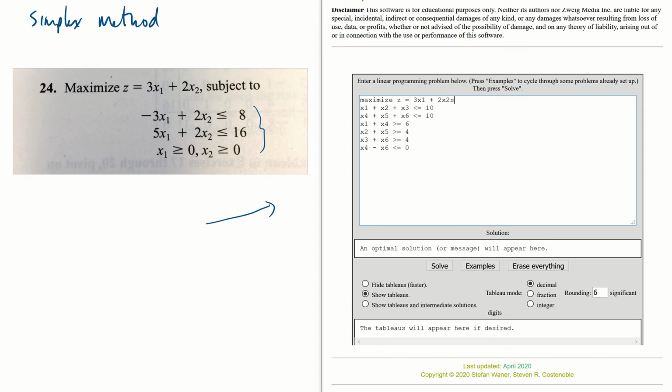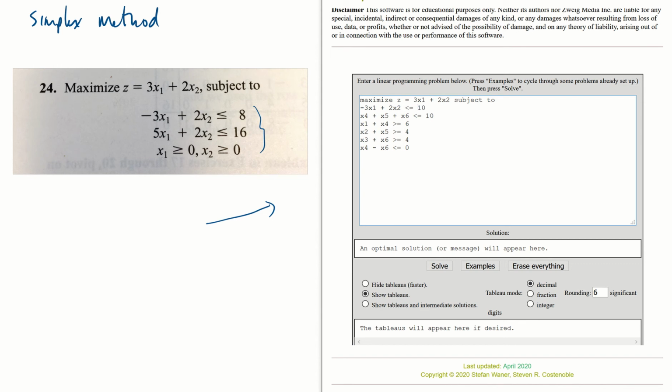Oops, subject, sorry, you have to include that. Subject to negative 3x1 plus 2x2 less than or equal to 8, so you have to get rid of the other stuff.